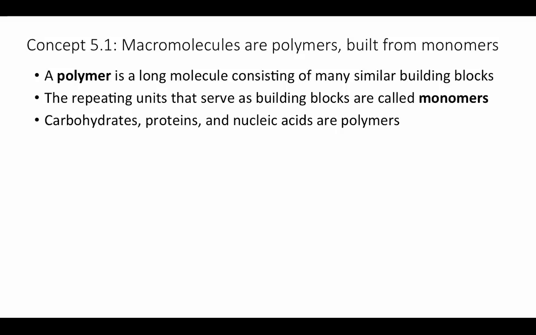So of our 4 major categories of macromolecules, carbohydrates, proteins, and nucleic acids are polymers. This doesn't mean that lipids are not put together from other subcomponents, but we don't have this pattern of repeating building block units in the form of these monomers repeating over and over and over again.